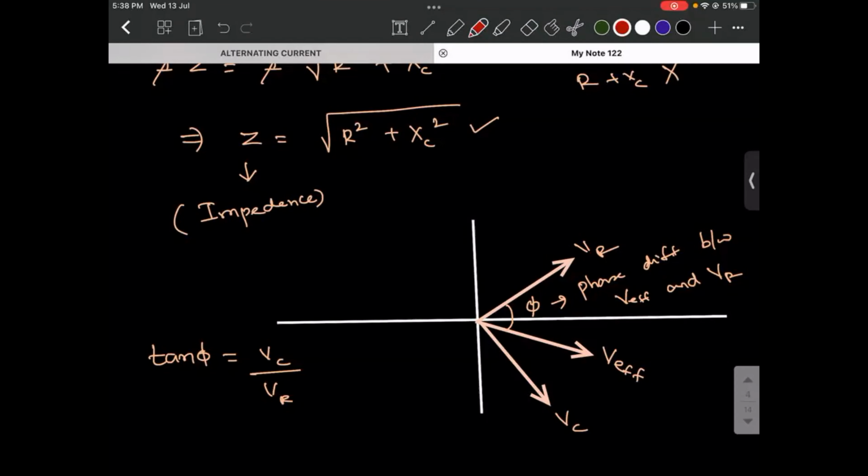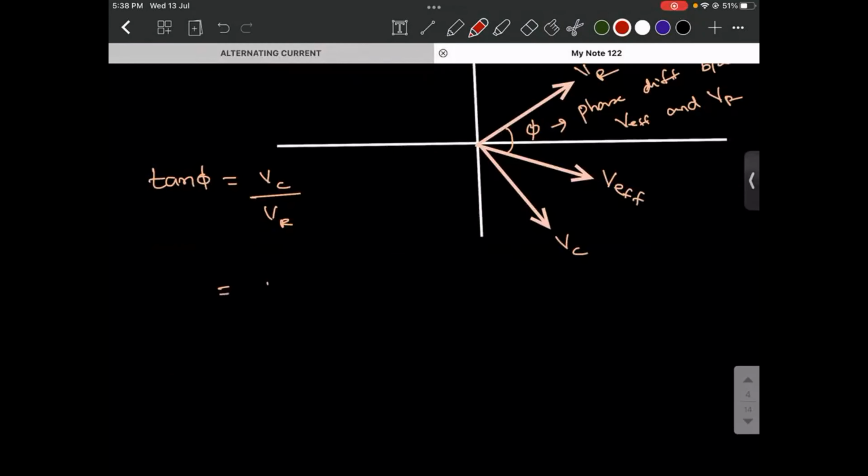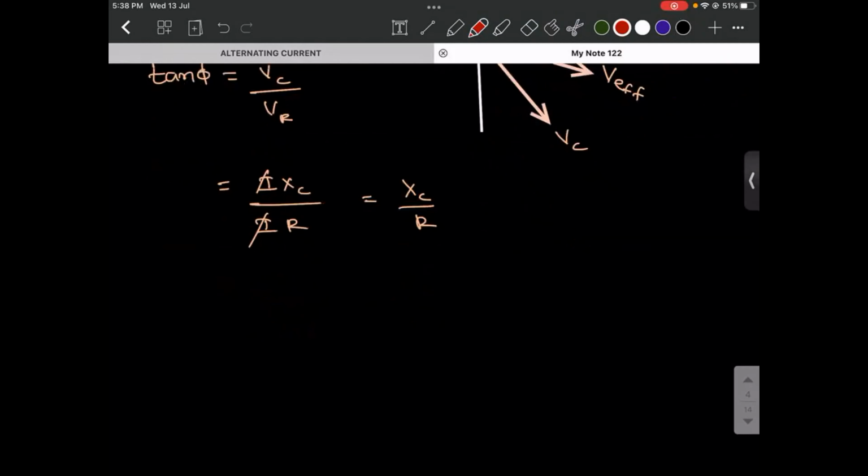If you recollect from vectors, with respect to phi, the opposite side is VC, and the adjacent side is VR. So tan phi will be equal to VC divided by VR. VC is I into XC, VR is I into R, I and I will get cancelled, you will get XC divided by R. So phi will be equal to tan inverse of XC divided by R.